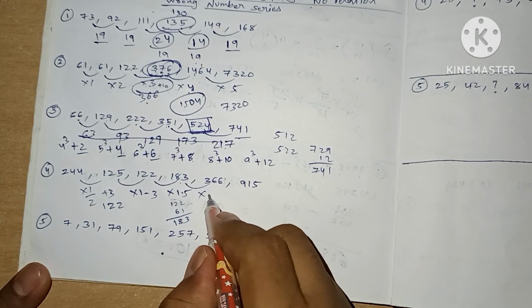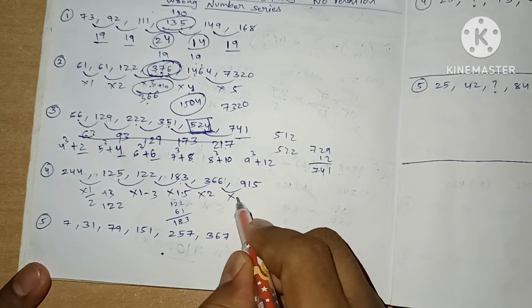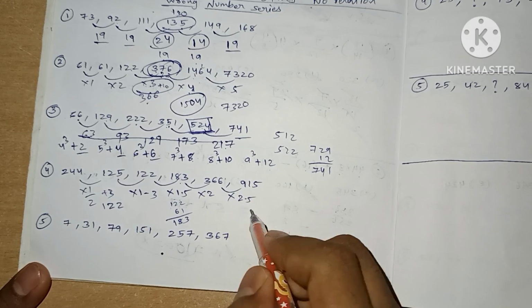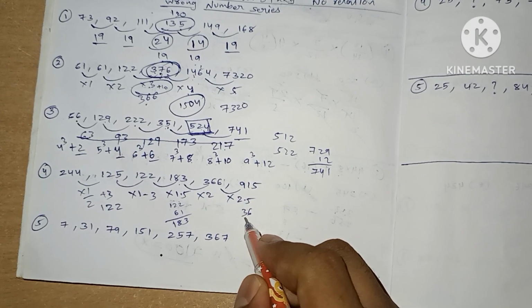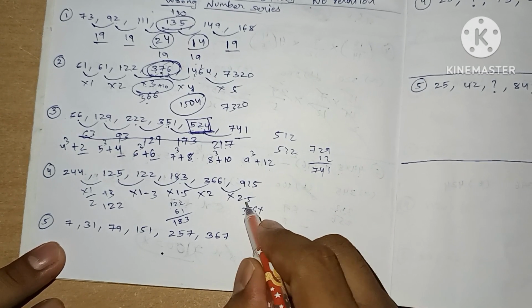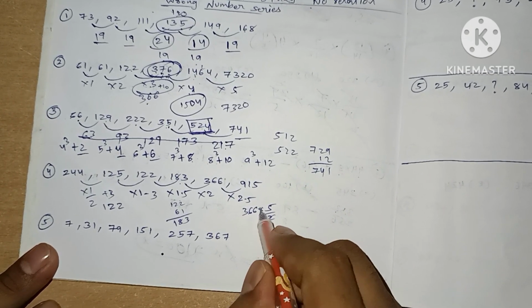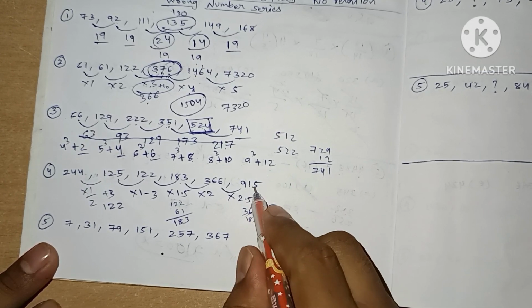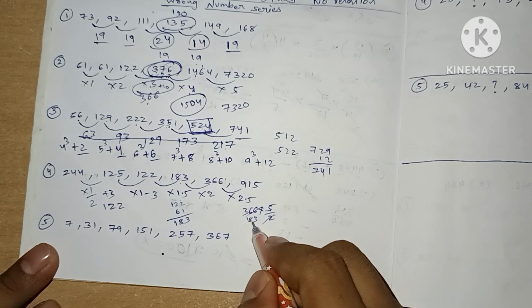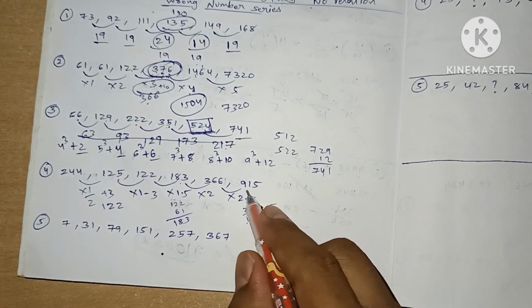It is times 2, and this is times 2.5. 366 times 2.5, I write as 5 by 2, and we get 915.